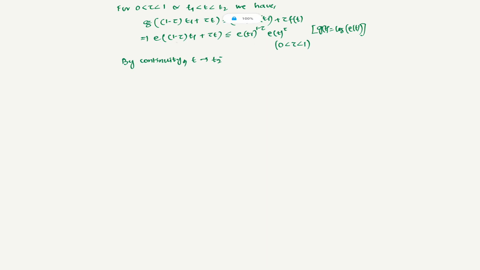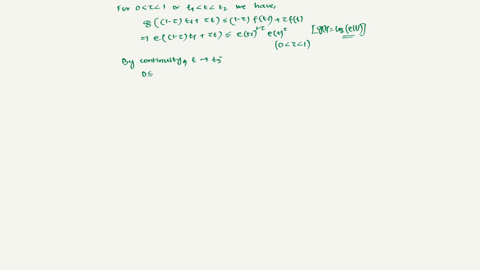So again, e is always a positive function, right? Actually, e of t is the integral of w squared, so it is the integral of a square function, so it is never negative, it is always non-negative.